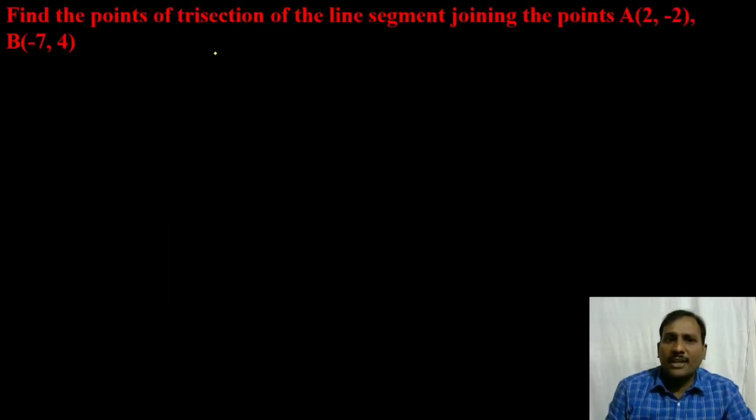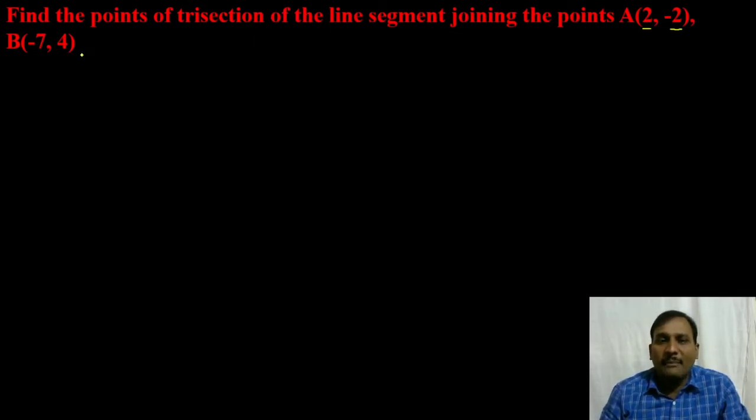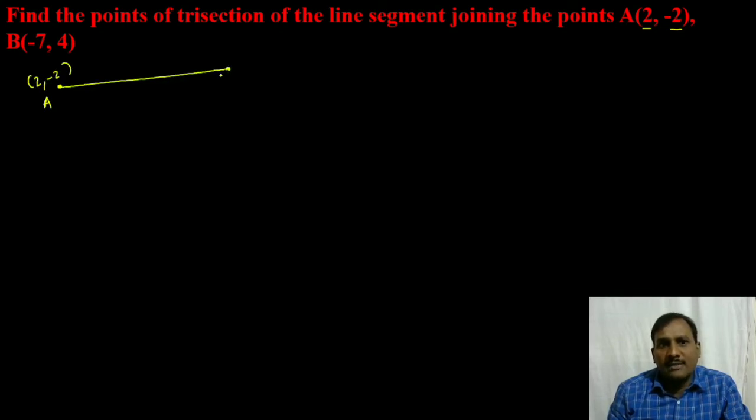Find the points of trisection of the line segment joining the points A(2, -2) and B(-7, 4). So, let us take two points. The first point is A(2, -2) and the other point is B(-7, 4).